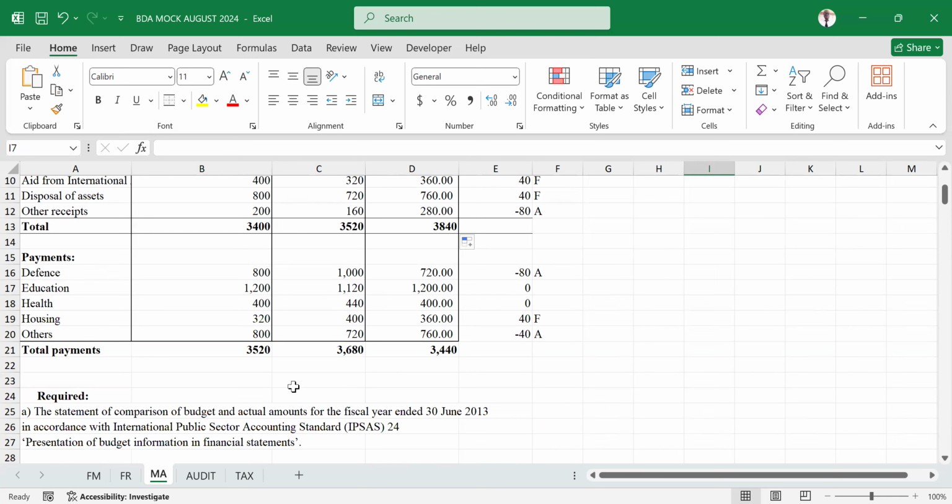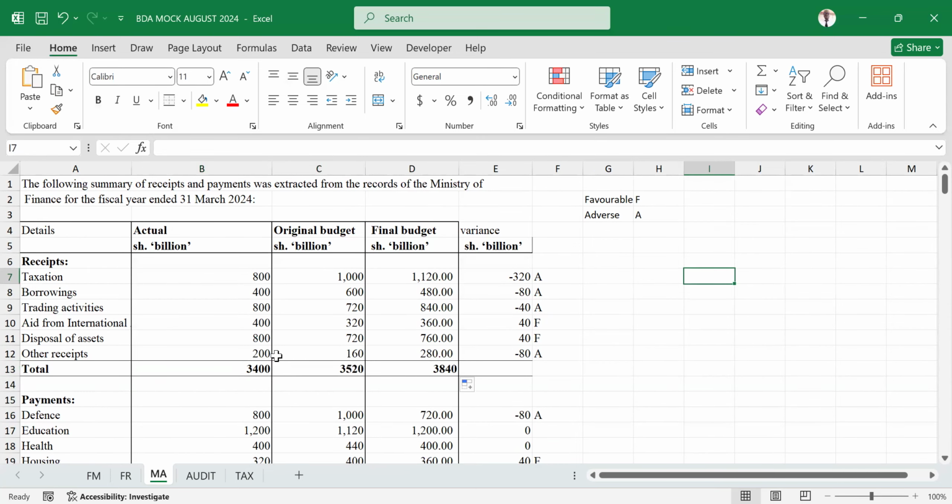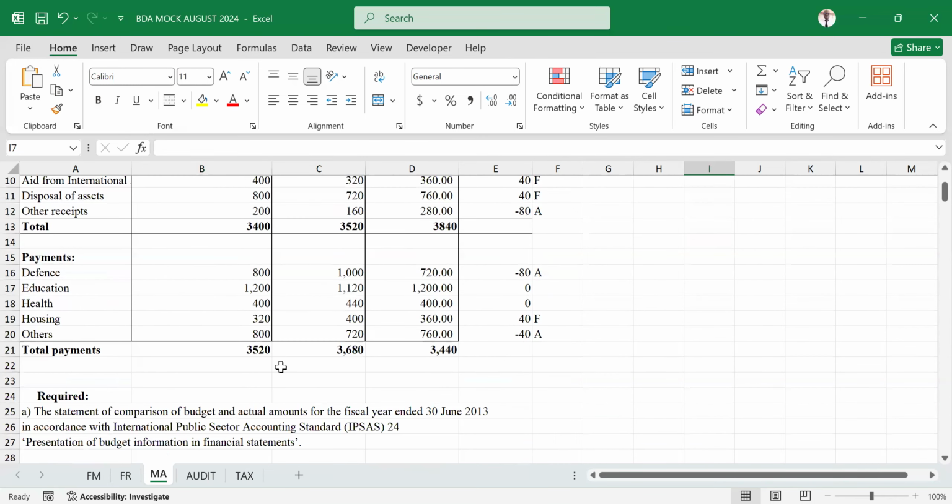Now I want us to come up with whether we are running on a deficit or on a surplus. When does a surplus arise and when does a deficit arise, when you're looking at receipts and payments? Somebody remind us.